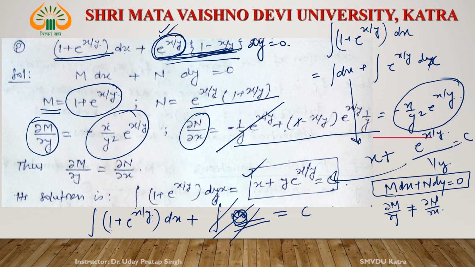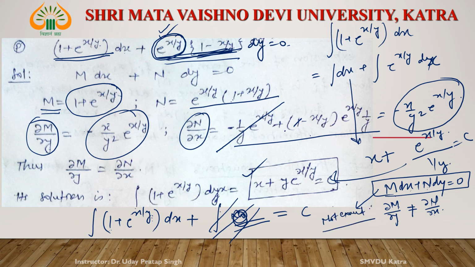It means this M dx plus N dy is not exact, because dou M by dou y equal to dou N by dou x is the necessary and sufficient condition. If dou M by dou y does not equal dou N by dou x, then this differential equation is not exact.